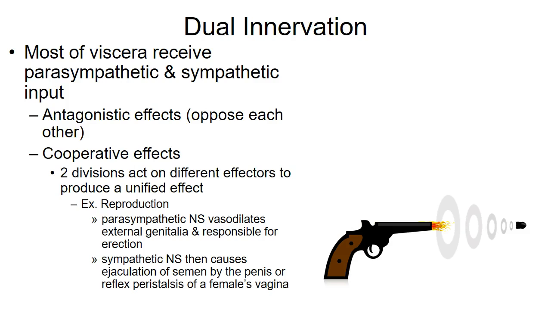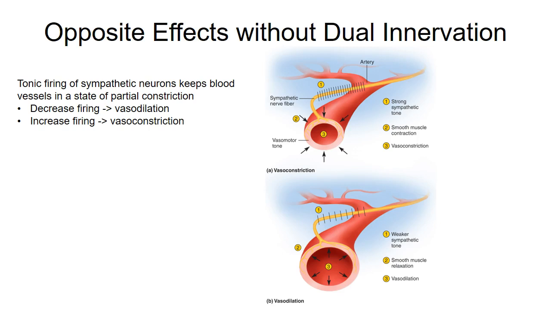All right, so we've talked about opposite effects with dual innervation, and we talked a little bit about cooperative effects with dual innervation. And it turns out you can get opposite effects with the same division as well, without dual innervation. Blood vessel diameter. It turns out the sympathetic nervous system governs blood vessel diameter solely.